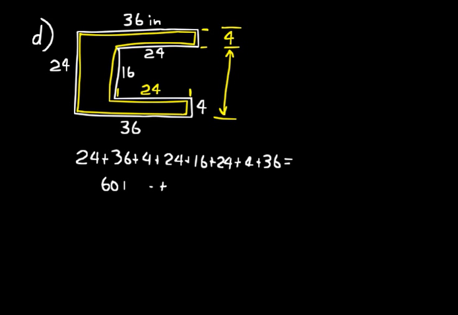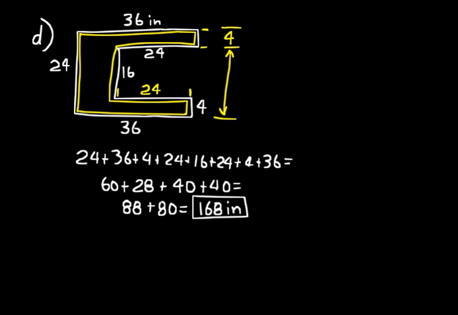Plus 16 and 24, that would be 40. And then 4 and 36 would also be 40. So we can add in pairs again. 60 and 28 would be 88. 40 and 40 would be 80. That adds up to 168 inches. And so that's the perimeter, 168 inches.